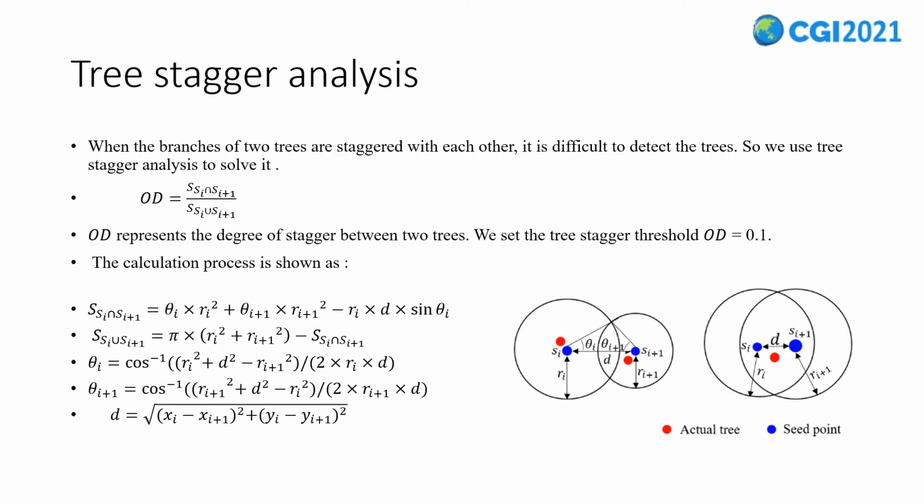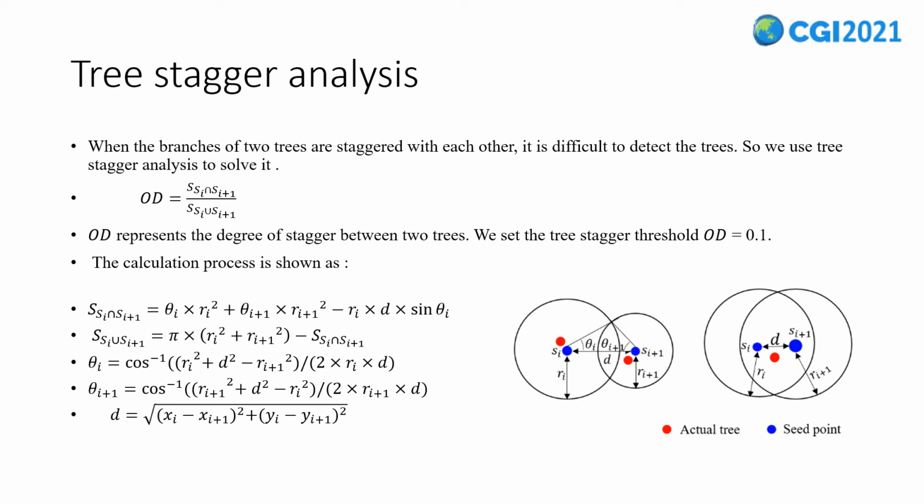The classifier filters out non-tree objects, such as buildings, but when the branches of two trees are staggered with each other, it is difficult to detect the trees. So we use tree stagger analysis to solve it. OD represents the degree of stagger between two trees. We set the tree stagger threshold OD equal to 0.1.